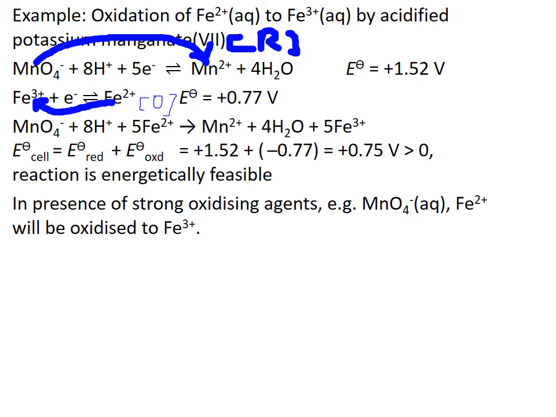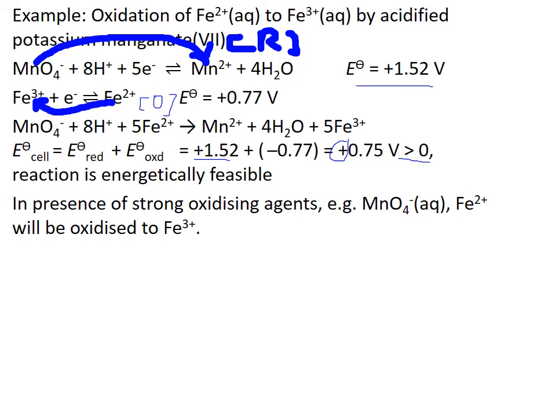And the E0 cell is E0 reduction plus E0 oxidation. E0 reduction is this value, positive 1.52. For the oxidation process, because I'm going the reverse direction, I need to flip the sign because I'm going backward. So E0 oxidation is negative 0.77. And the E0 cell is a positive value. I want to stress the importance of this positive sign because the positive value of E0 cell is important and must be indicated because it's something like a vector.